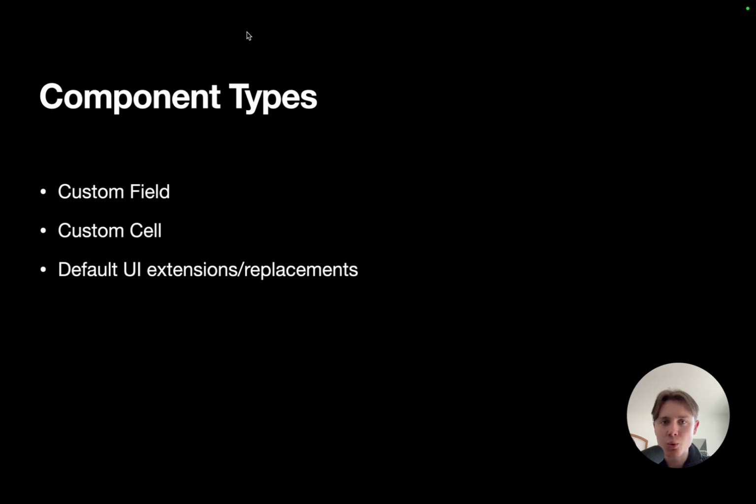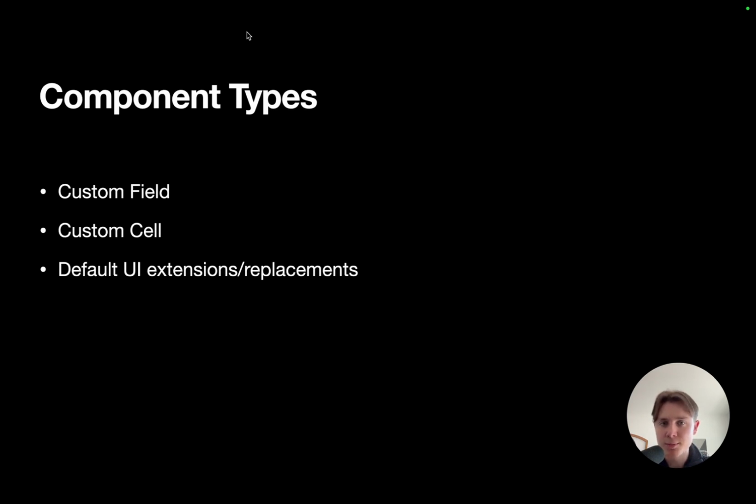The first one would be a custom field, which pretty much replaces a specific field inside of our document editor. So if we create a new page, for example, we click on edit that page and we have our input fields in there, we can either add a custom field or just replace one of the input fields with our custom React logic.